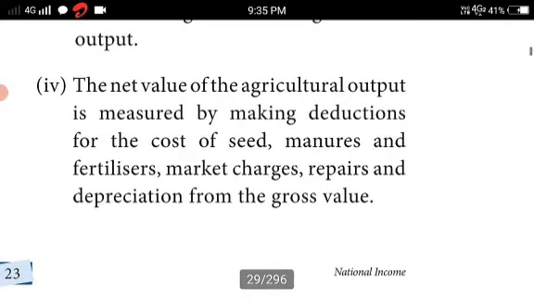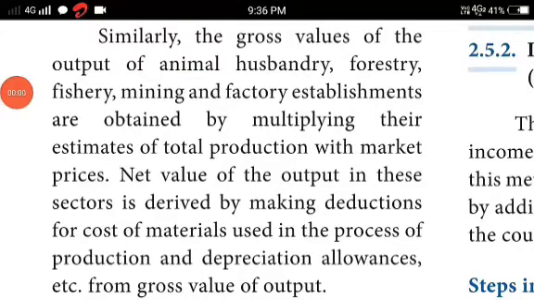The net value of the agricultural output is measured by making deductions for the cost of seeds, manure and fertilizer, market charges, repairs and depreciation from the gross value. Whatever wear and tear of machinery, suppose the farmers are using machinery, maybe replacing the machine.